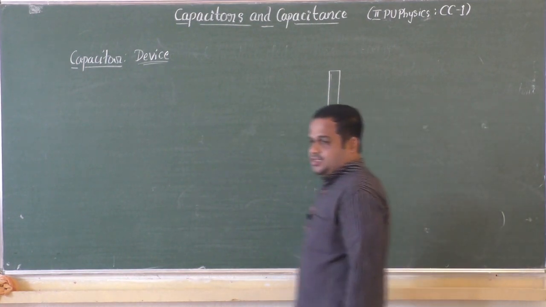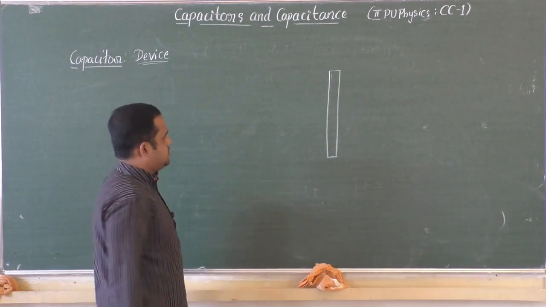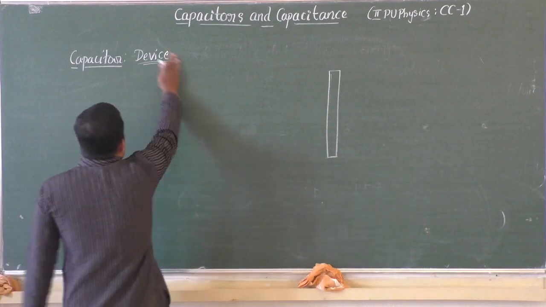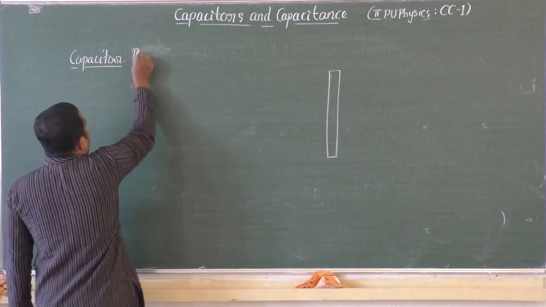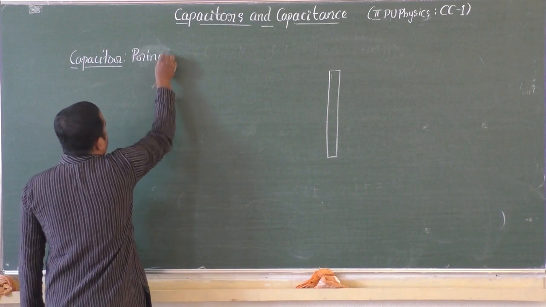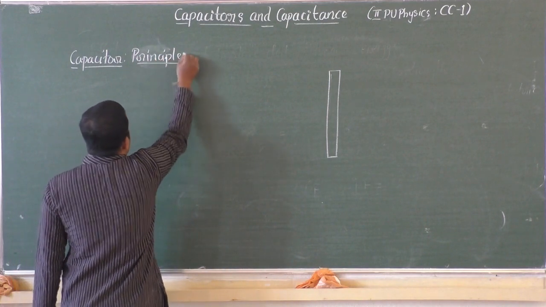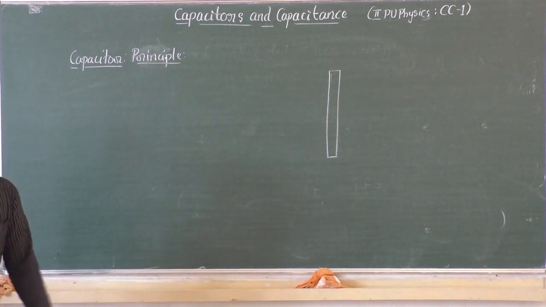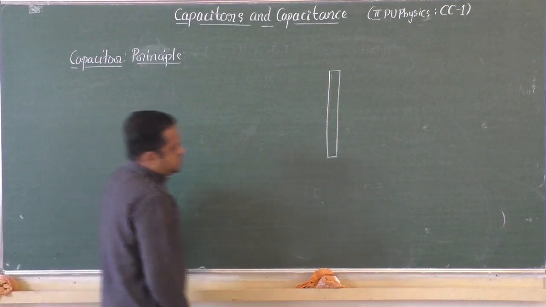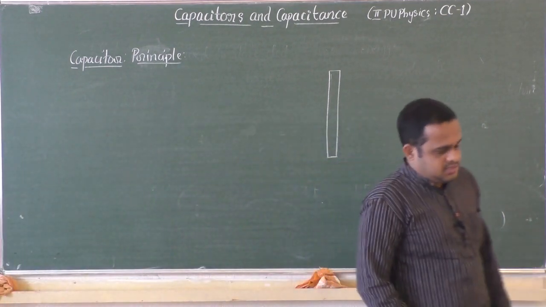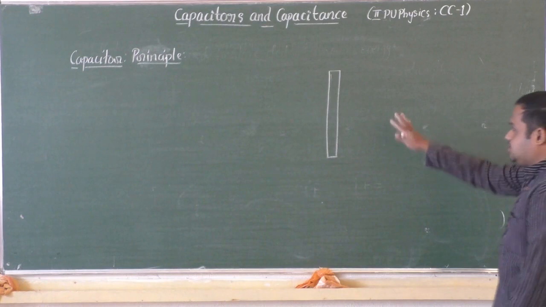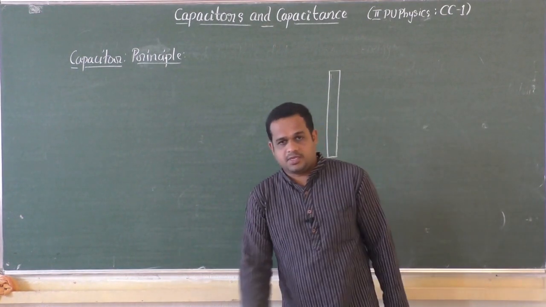Now this conductor is actually a neutral conductor. Now I'm going to explain the principle of capacitor, which is not included in your syllabus. But still, what is a capacitor? That is important. That's why I'm going to discuss the concept, the principle of capacitor.